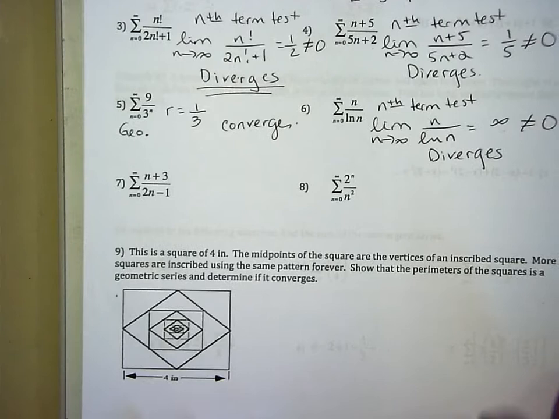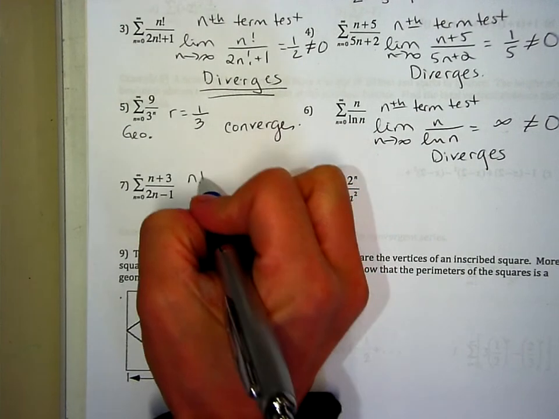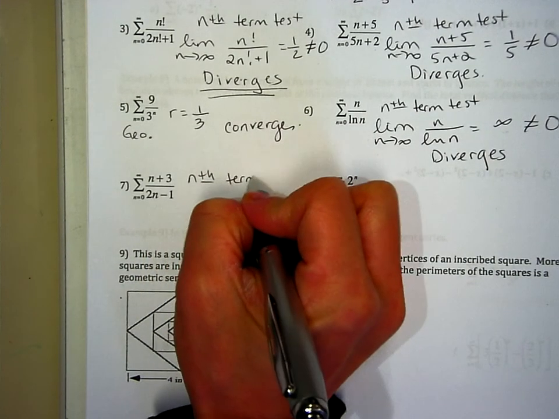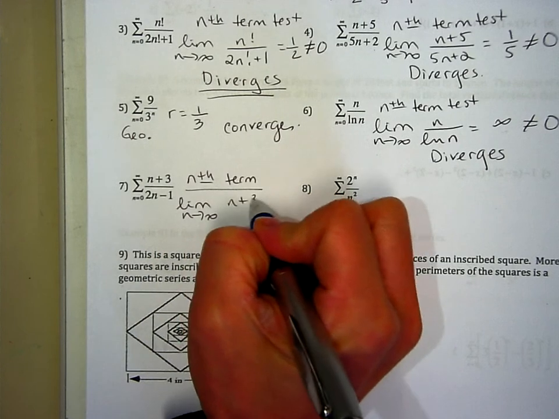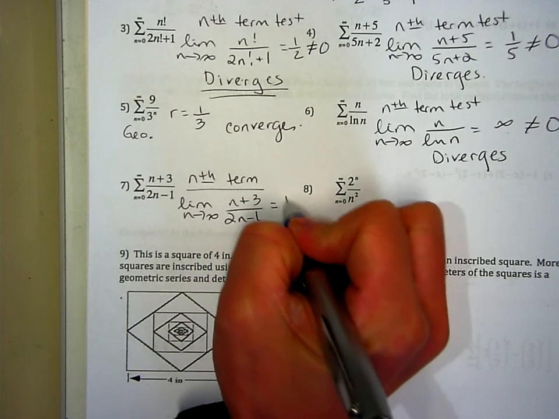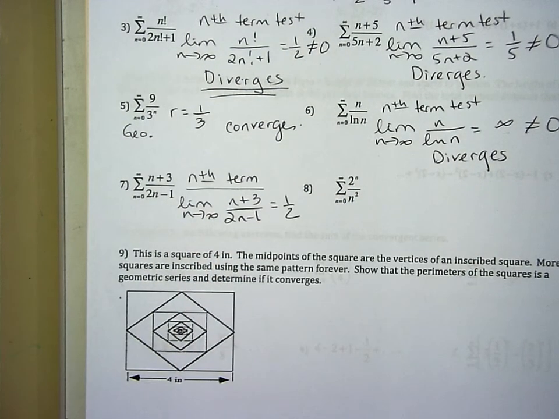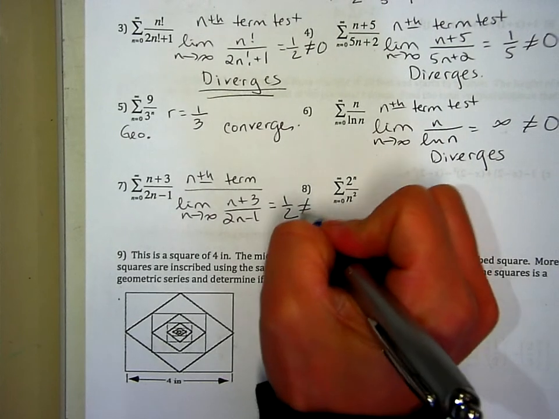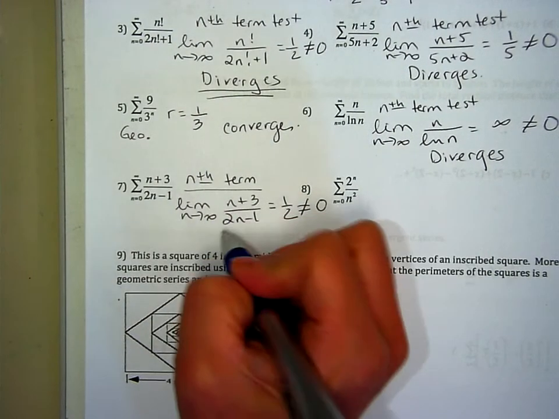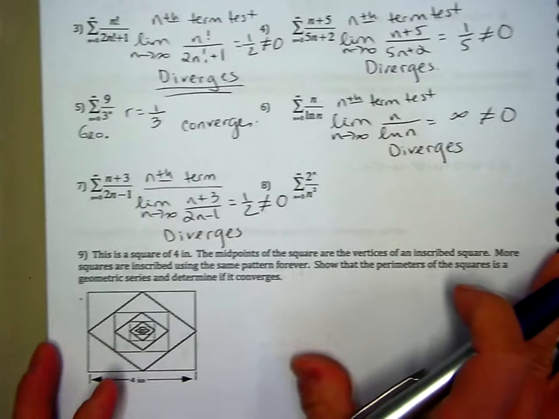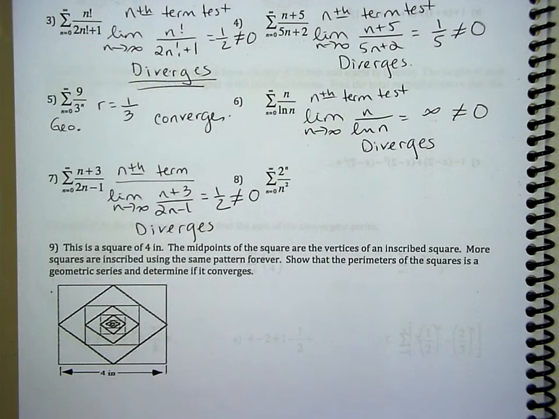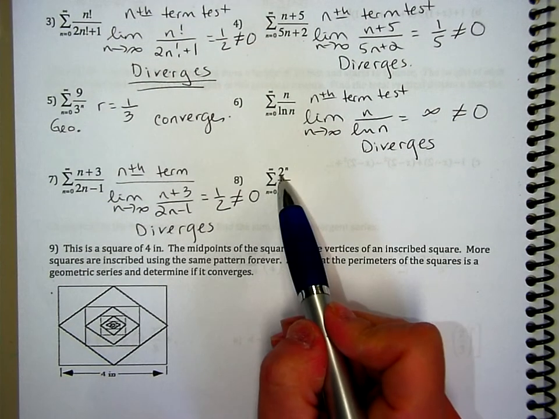Number 7, not a geometric, so I'm going to use the nth term test. Take the limit of the general term, which is 1/2, so you need to be able to tell me the limit. Again, if the limit is not 0, then you can say for sure it diverges. Okay. And the last one, number 8. This is not a geometric, even though this 2 is being raised to the nth power.